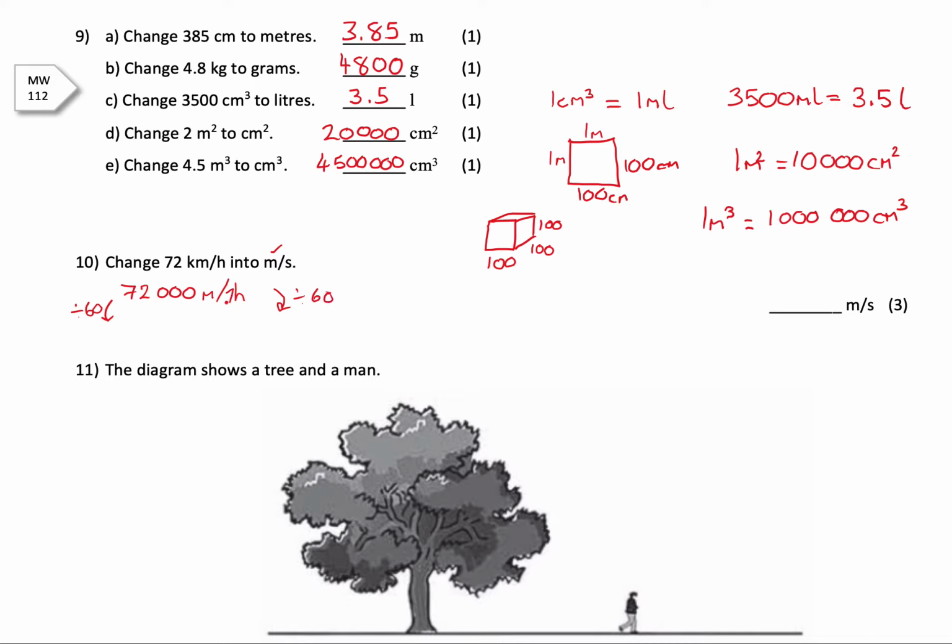So that's 1 hour, which is 60 minutes. That gives us 1,200 metres per 1 minute.